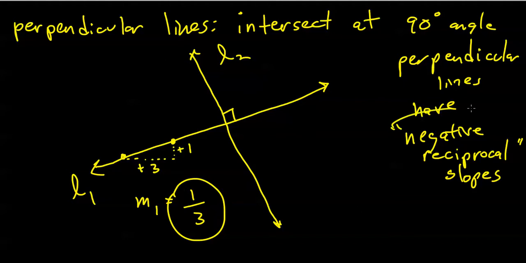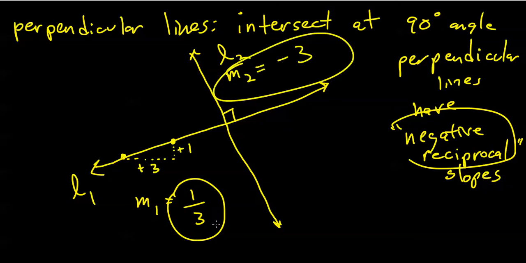So if I embrace this negative reciprocal, that means the slope of line 2 would be the negative reciprocal of 1/3. Please convince yourself that 1/3 and -3 are negative reciprocals of each other, and if slopes are negative reciprocals, then we know the lines are perpendicular. Okay?